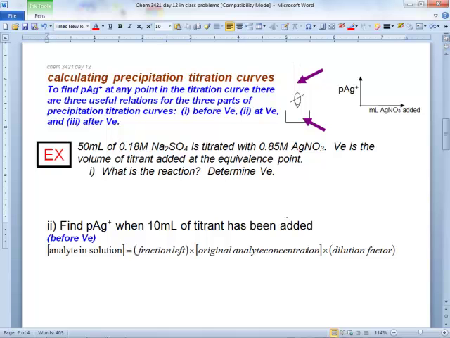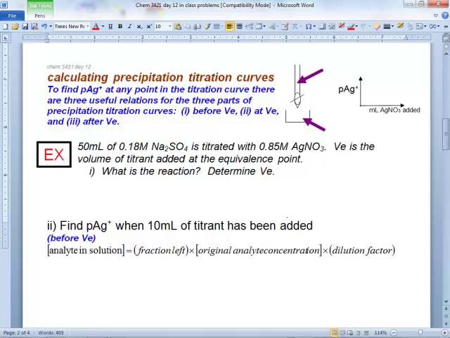So, our objective is there in blue. We want to find pAg+. Well, what the heck is pAg+? What's pH?